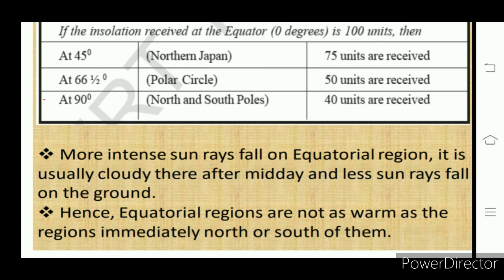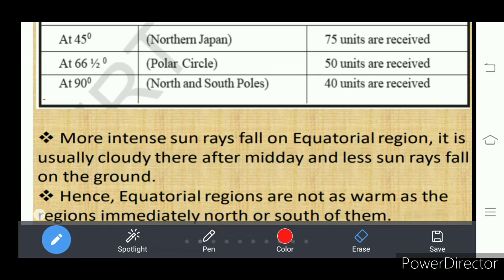More intense sun rays fall on the equatorial region, at the equator. And we know that usually every day at midday, clouds form there and less sun rays fall on the ground.